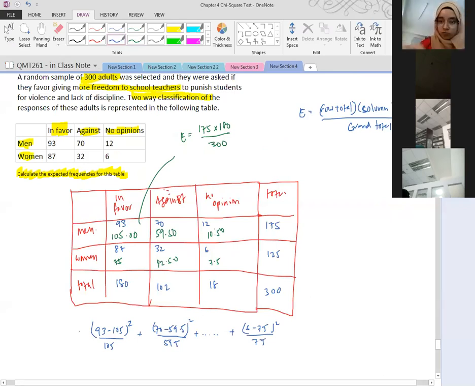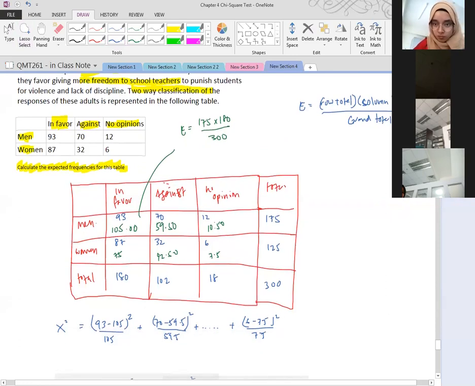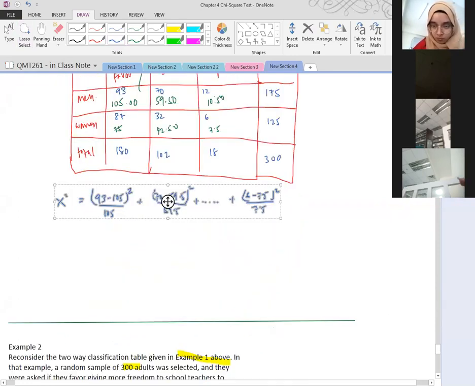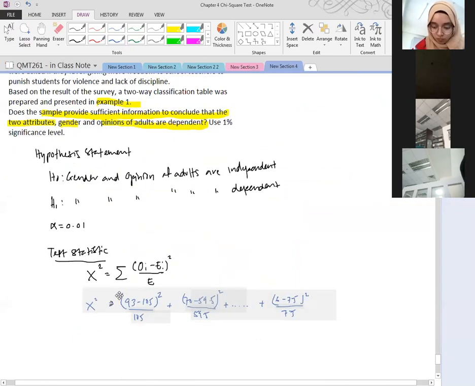So this is the chi-squared value, and this is going to be 8.252, right?